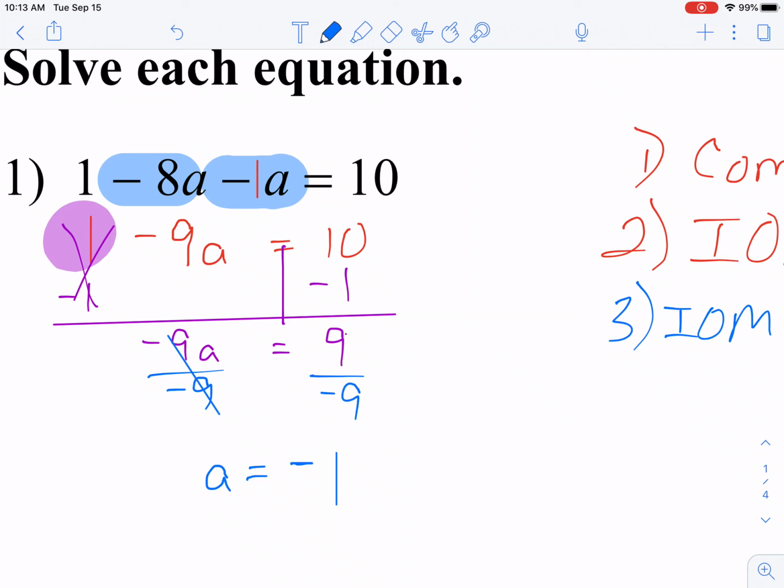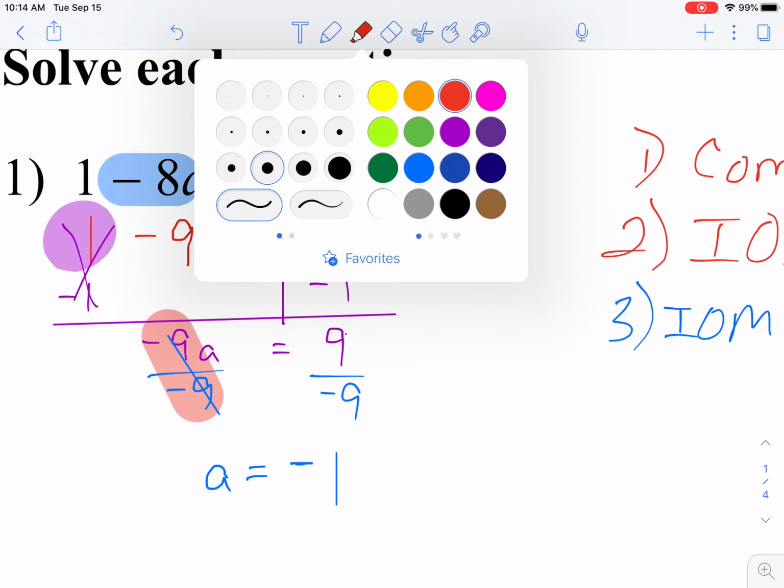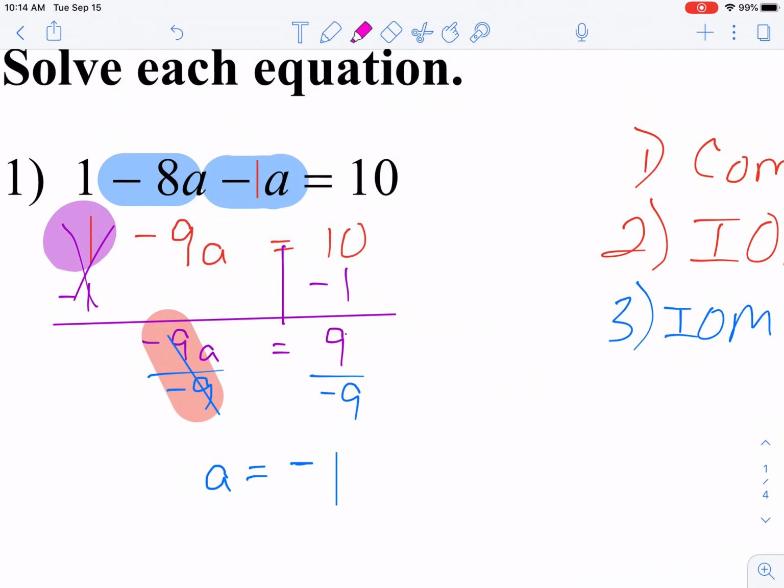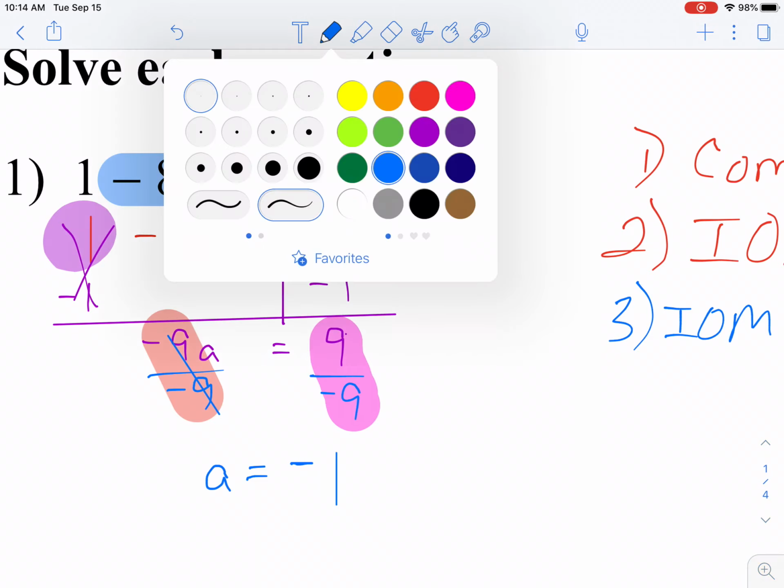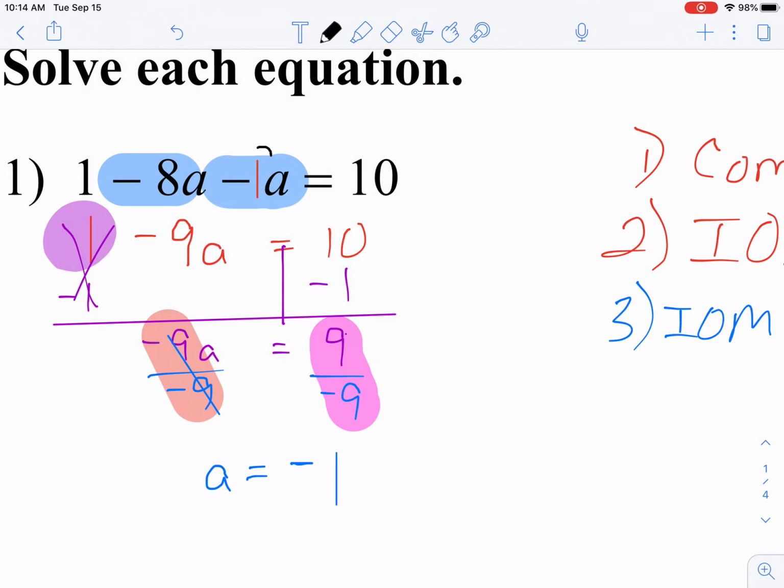Now you may be asking yourself, well, how come these two cancel out but these two over here equal negative 1? Well, the reason that works is if you remember just a second ago, I mentioned how there's always a 1 right in front of the letter.